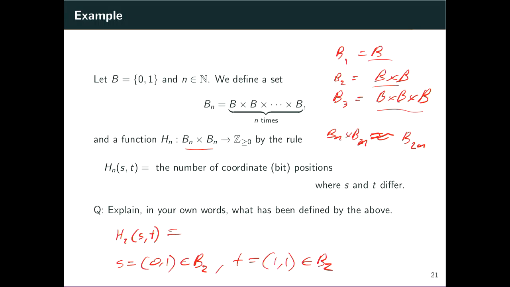And so what this function is counting is, we look at the first component, 0 in the S. It's different from the first component of T. So that's going to give us a 1. And then we look at the second component, it's a 1. This is the same as this one, so we're going to add a 0. And so the value of this H2(S,T), when we've got S and T equal to these things, will be 1.